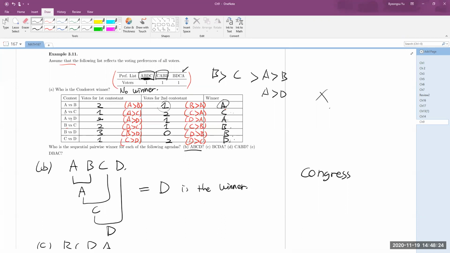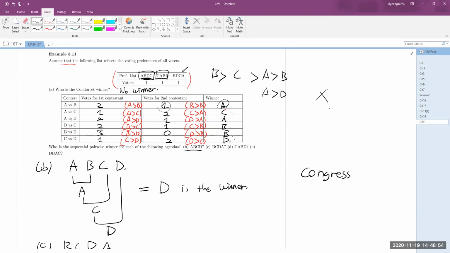Ranking is based on the winner column. Yes, but in the Condorcet winner, ranking is actually not meaningful, because only the candidate that beats everybody is the winner.